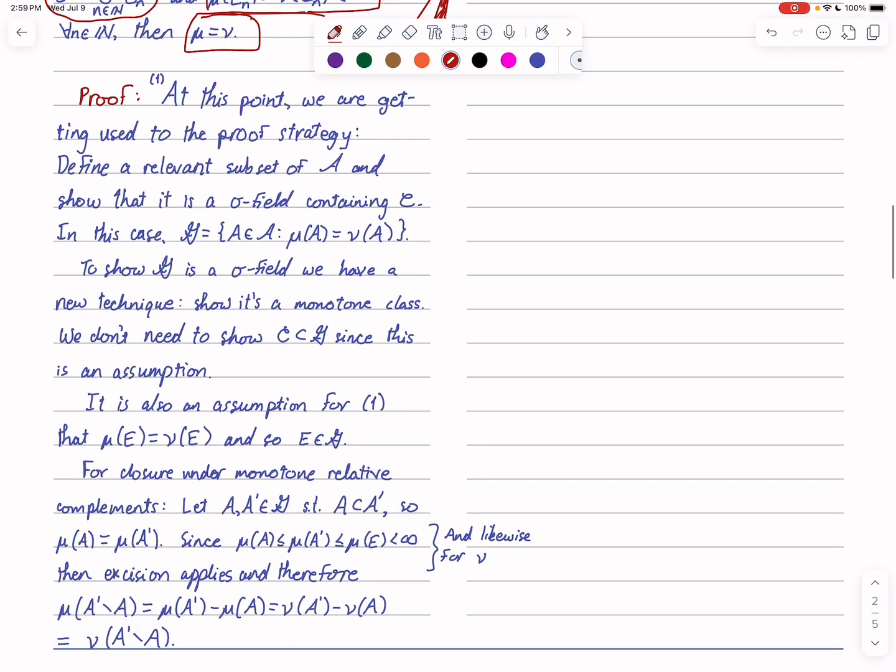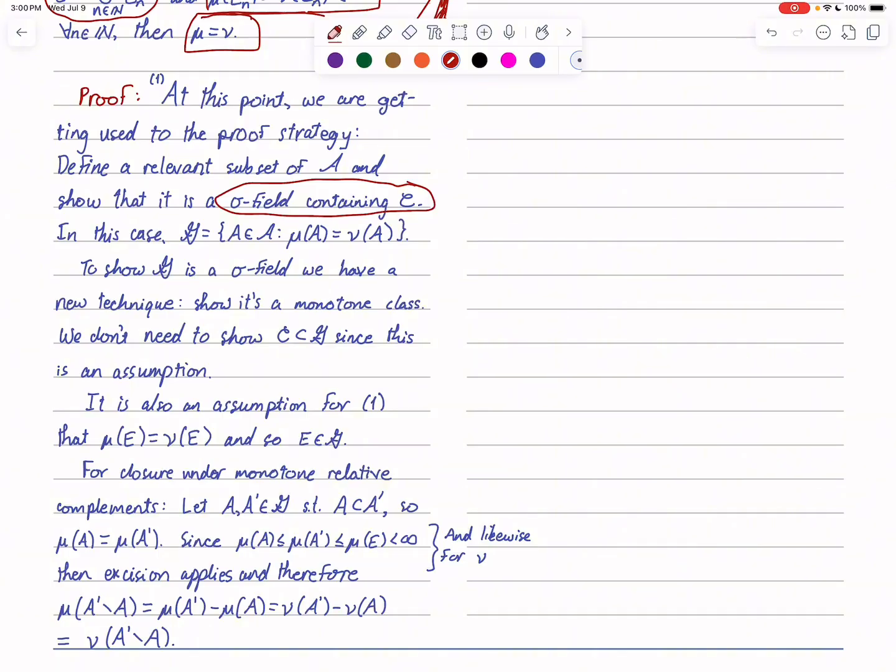Okay, so for the proof, I think increasingly we should feel more and more comfortable with the idea that the way we're going to approach these proofs is by defining some kind of a subset of, in this case, A, but show that it is a sigma field containing the generators, and then that will imply that it must contain the entire A, right?